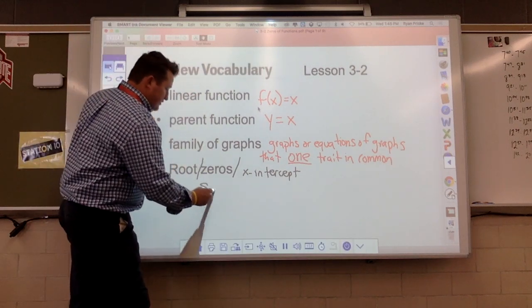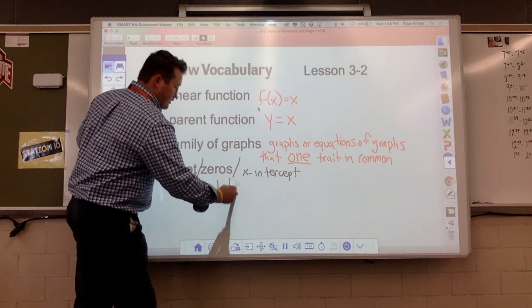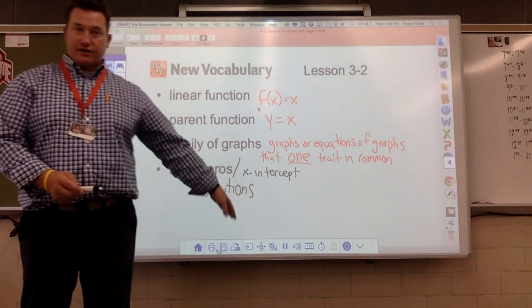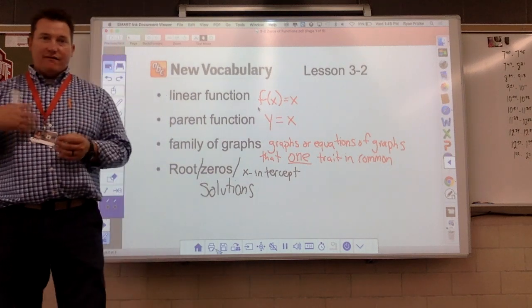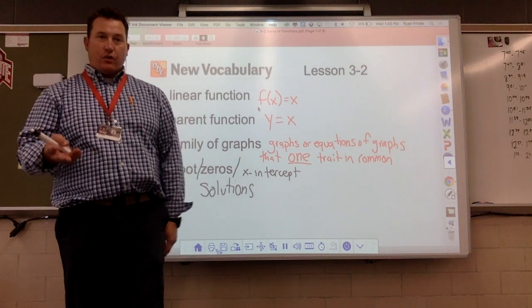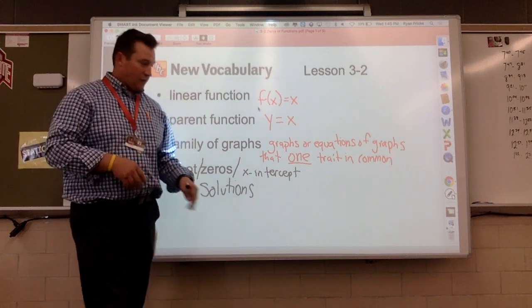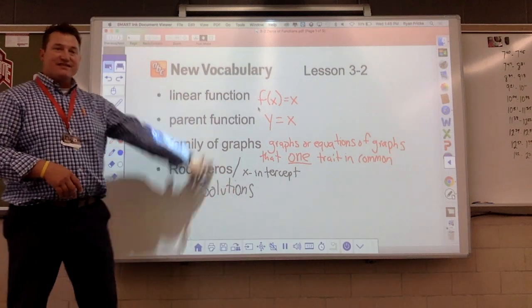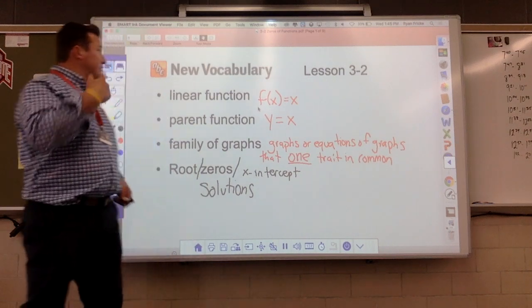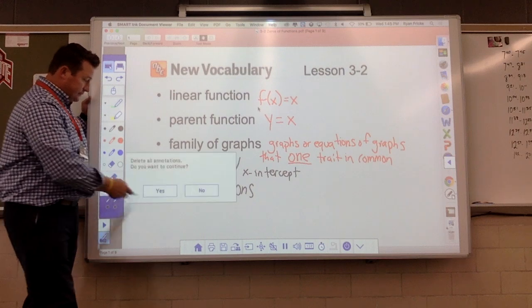If something says find the root, find the zero, find the x-intercept, we're talking about what values we could have in this function or this equation that make it true. Okay. Again, more on all this stuff to come, pretty much all chapter long. So some new words. Let's see what all we got to do today.